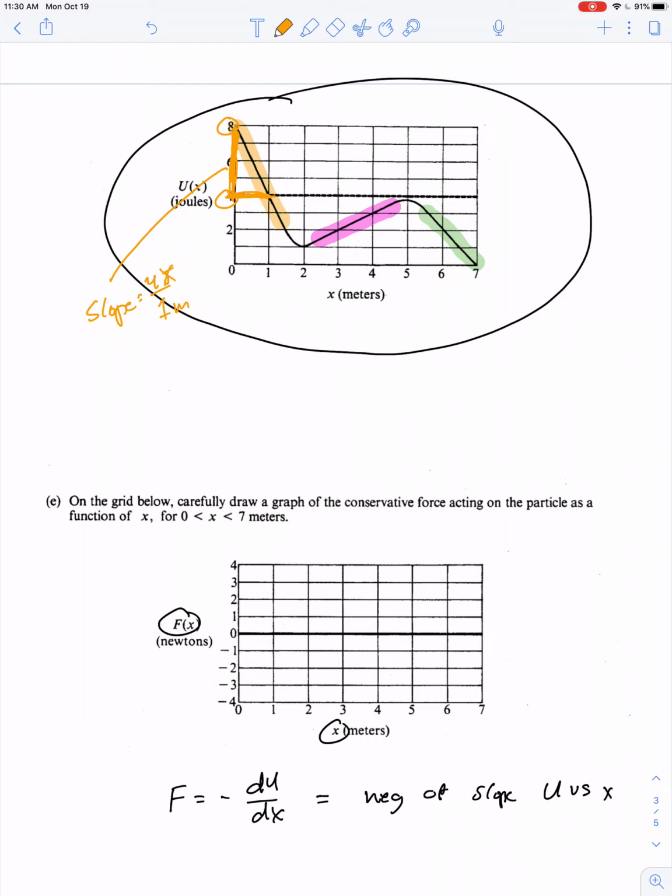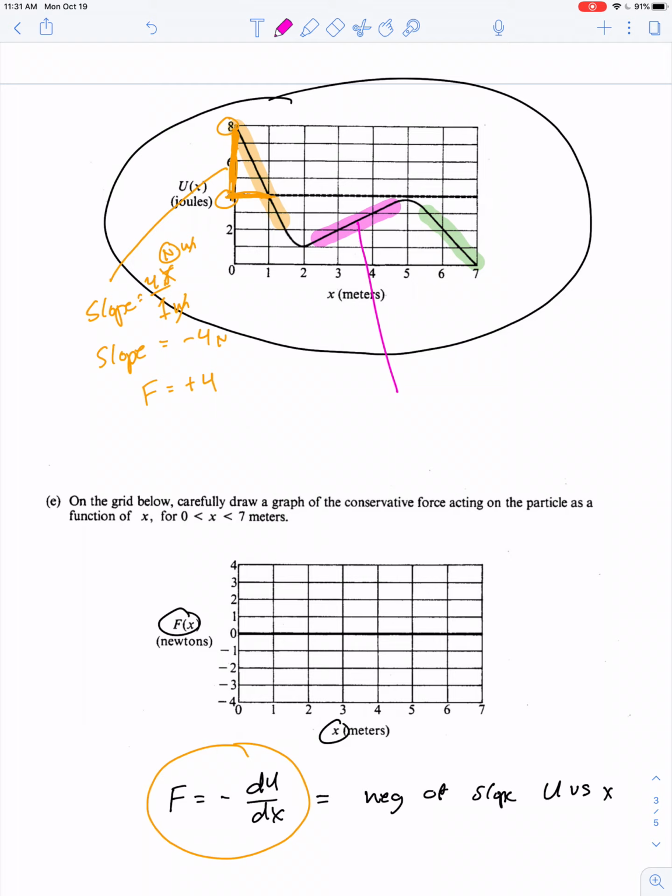Oh, and by the way, a joule is a Newton meter, so a Newton meter divided by a meter gives us newtons. So indeed, force should be the derivative of potential energy with respect to position. Actually, the slope of this segment is equal to negative 4 newtons, which means the force would be equal to positive 4 newtons.